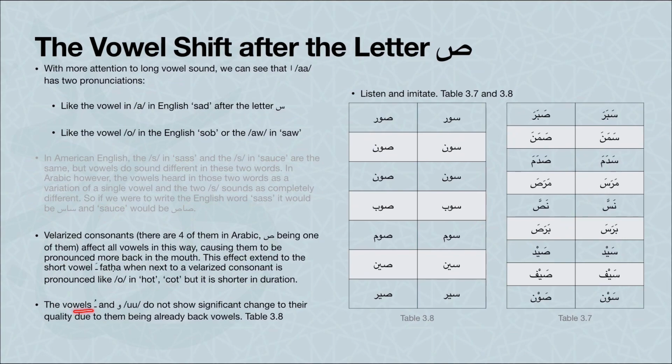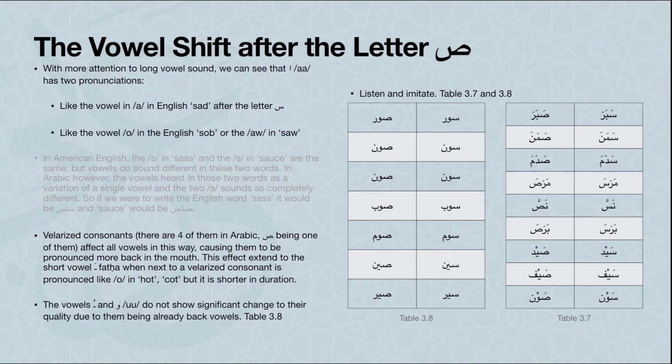Dhamma does not show a lot of effect, or oo, because the oo sound is already at the back of your mouth, but you kind of have to round your lips to produce it. The vowel quality of it comes from the back of your mouth. So the vowel already being at the back of your mouth and the sod being at the back of your mouth does not cause a lot of issues. You can pronounce the oo sound kind of normally as you would with other letters.